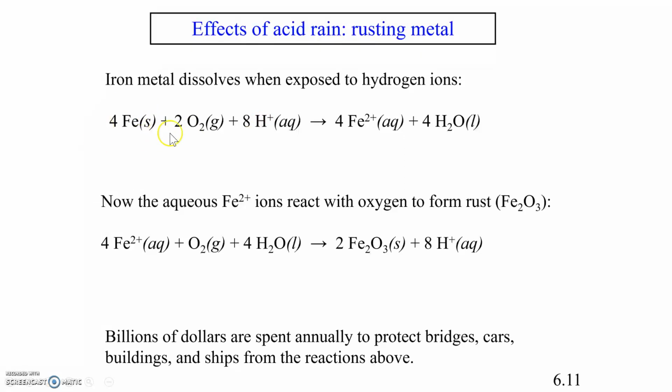When it rains, some of that solid dissolves into an aqueous solution. Something else that occurs is that iron 2+ will react with water to form iron oxide. This is rust. So this is a reaction that causes metal structures to rust. That rust on your car is a result of solid iron being exposed to acid and forming this iron oxide, or rust.